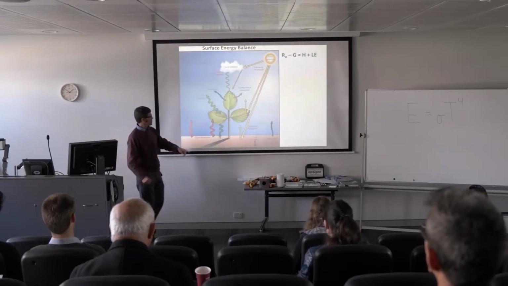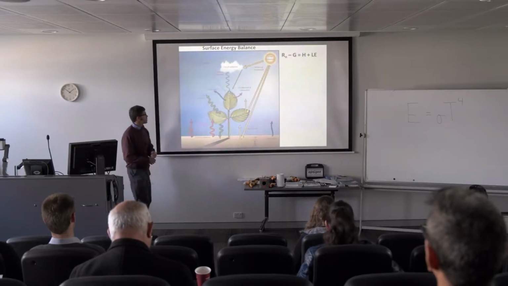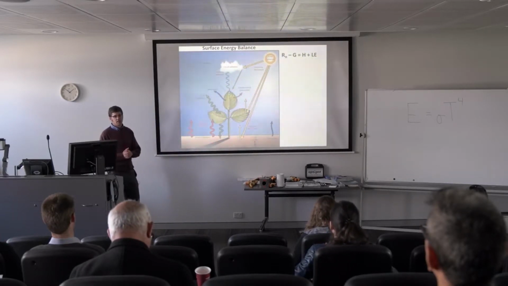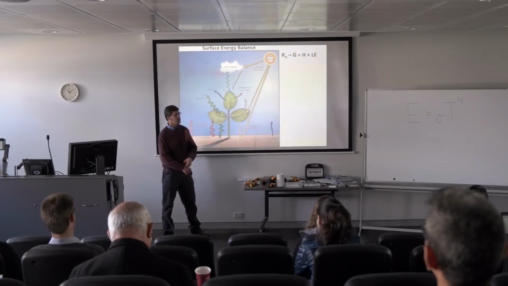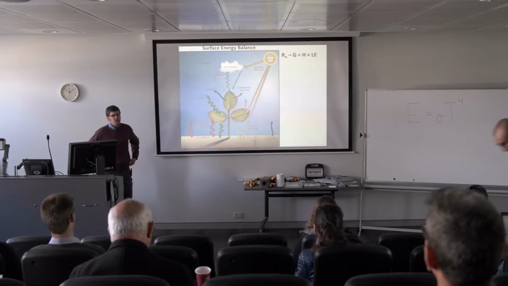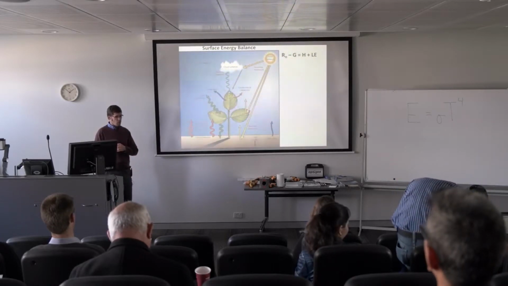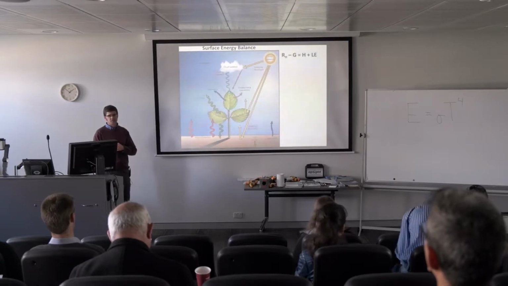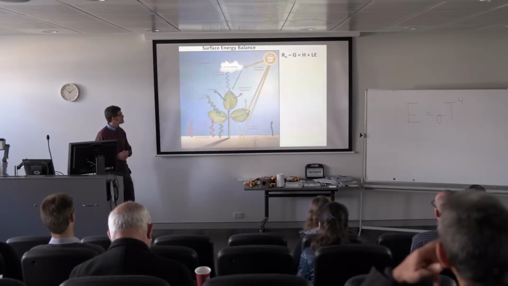The G term is the soil heat flux, so the flux of energy into the ground. The H term is the sensible heat flux, the heat gain or loss due to conduction and convection. It usually is heat loss during the day because often the surface is warmer than the air, but not always. The surface can be colder than the air, so there can be a sensible heat flux towards the surface.